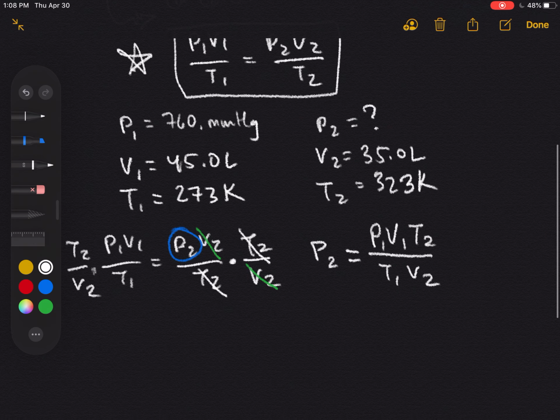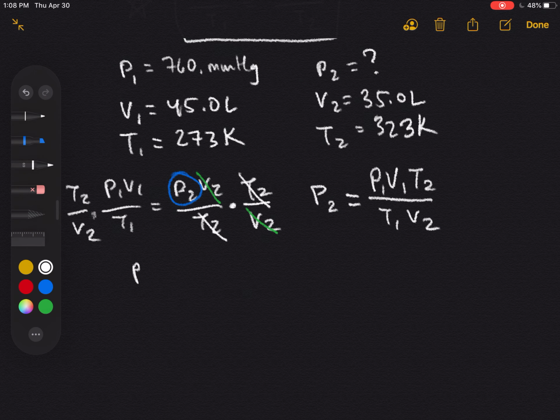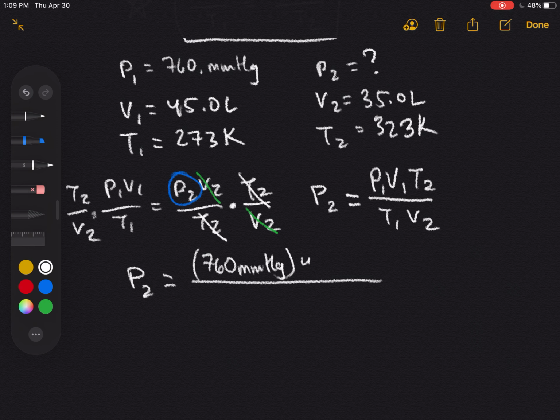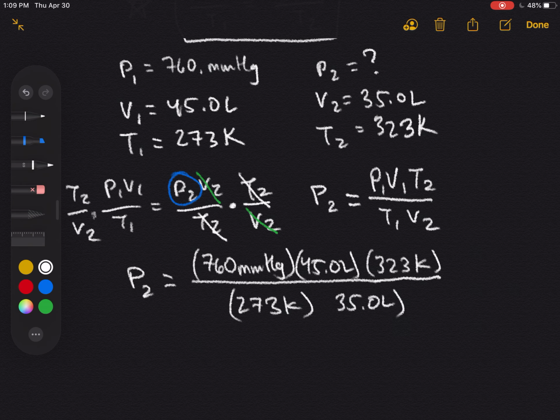Okay, I'm ready to plug my numbers in and see where this goes. P2 is equal to, let's see, P1 is 760 millimeters of mercury times V1, which is 45 liters, and times T2, which is 323 kelvins. We're going to divide this by 273 kelvins and 35 liters.